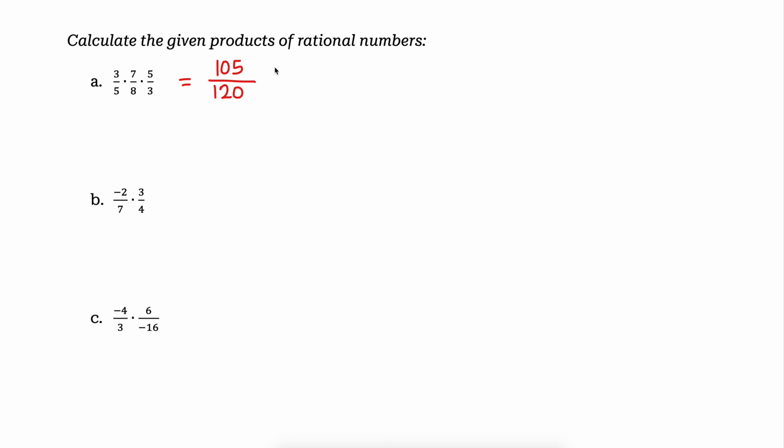And you've got some options here. I'm going to start by dividing top and bottom by 5 because I feel like that's probably what most people would see first. You actually can divide top and bottom by 15, but just in case you don't see that, let's go top and bottom by 5. So that gives us 21 over 24. And then I can divide top and bottom now by 3. So I end up with 7/8.